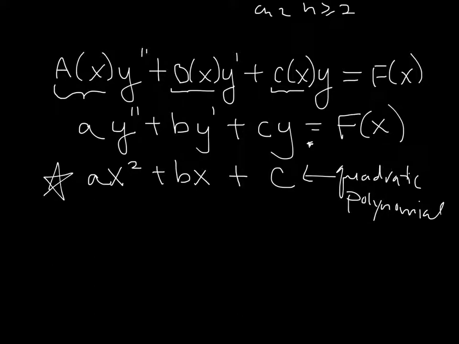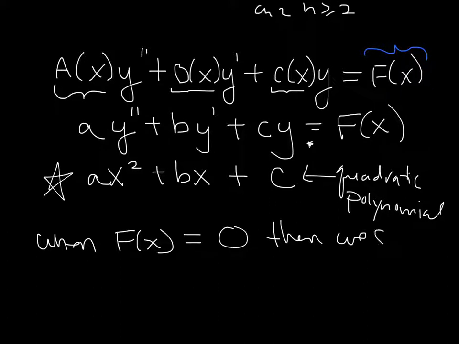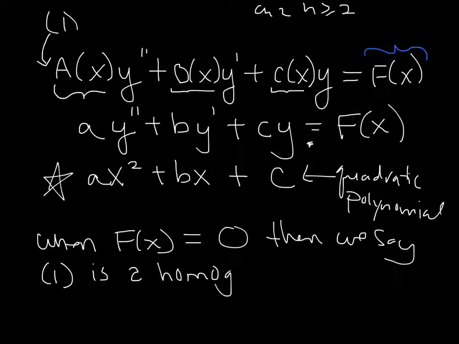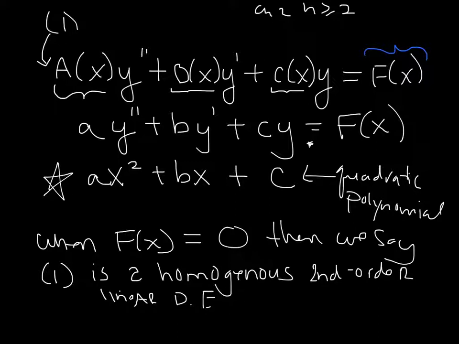I want you to note this f of x. When f of x is equal to 0, let's call this equation 1, then we say equation 1 is a homogeneous second order linear differential equation.